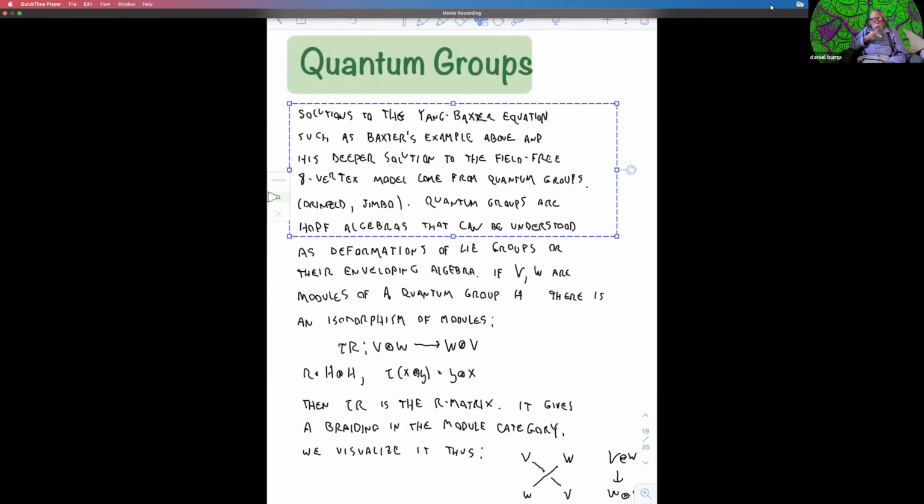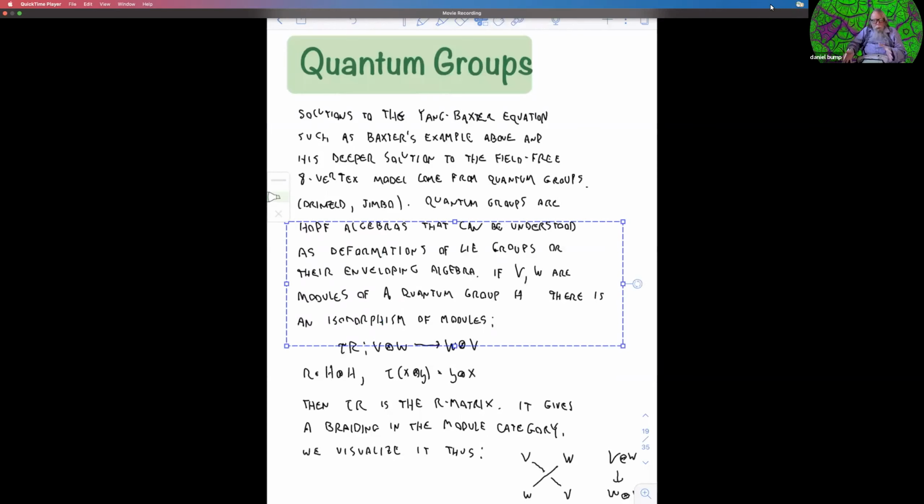So quantum groups are not groups, they're Hopf algebras, but they can be understood as deformations of Lie groups, where you replace the Lie group by its enveloping algebra, and then you can deform it in the category of Hopf algebras. And quantum groups have a property that if you have two modules, then there is an isomorphism of modules.